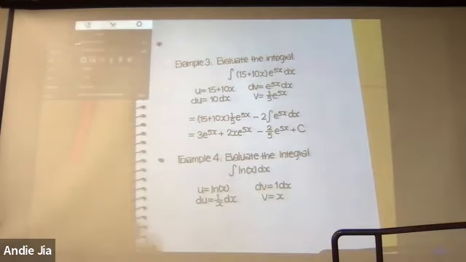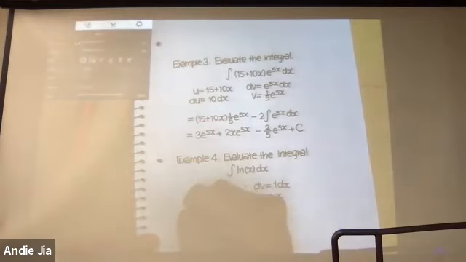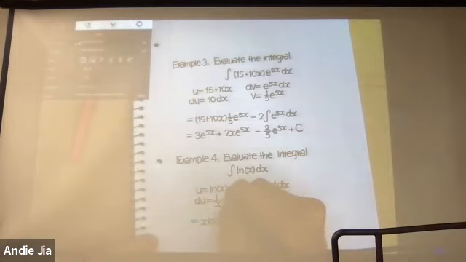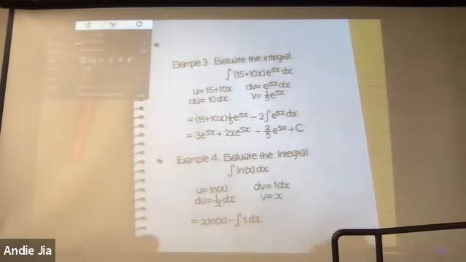And then the integration would be x natural log of x minus the integral of v du, which is going to be 1 dx, x over x, minus x plus the constant of integration.